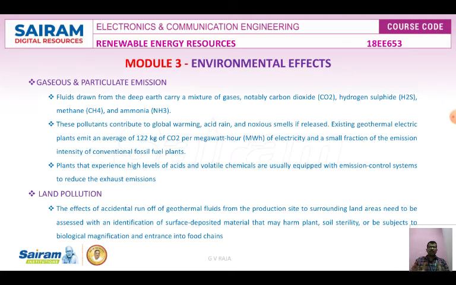So geothermal electric plants emit an average of 122 kg of carbon dioxide per megawatt hour of electricity. That is a small fraction of emission intensity, but it will still create some gases which are harmful to the environment, and that has to be taken care of.